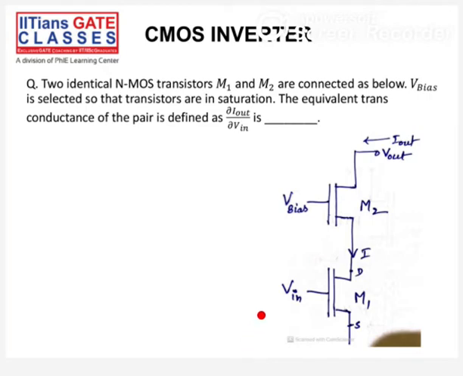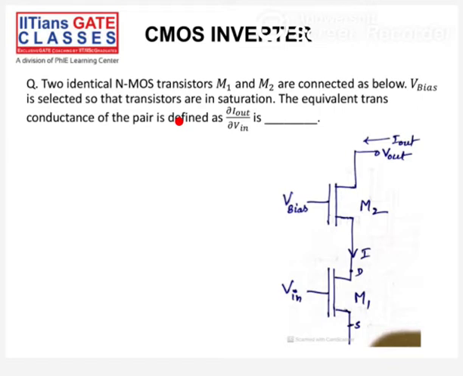Now we'll see another one, this is also one of the important questions. Here two transistors which are identical, these are NMOS transistors. M1 and M2 are connected as shown below.